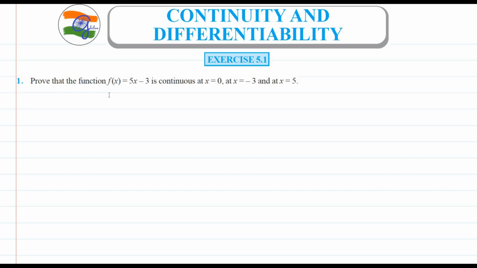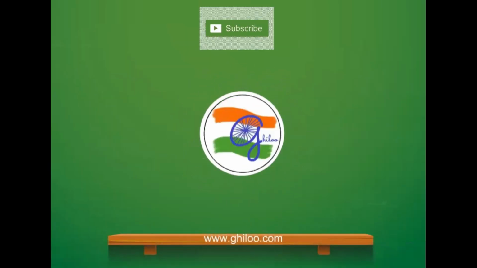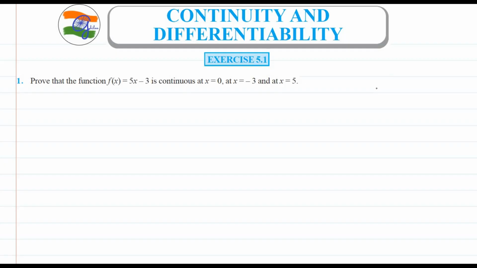So before proceeding, let us have some idea about continuity. We will be having a graphical idea. Now for any function to be continuous, it is a very simple criteria that you should be able to draw the function without removing your pen.